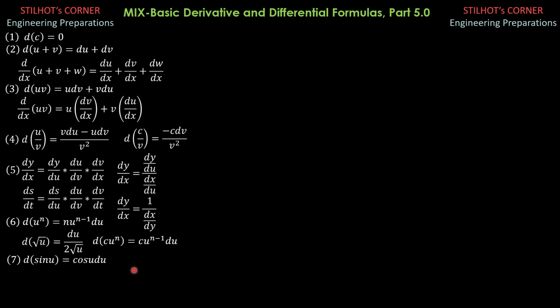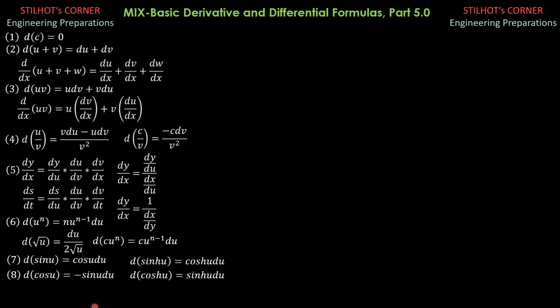The differential of hyperbolic sine of u is hyperbolic cosine of u du. We make these parallel formulas so that you are familiar and can easily remember the differentiation formulas. Then the derivative of cosine of u is negative sine of u du, but the differential of hyperbolic cosine of u is still positive hyperbolic sine of u du.